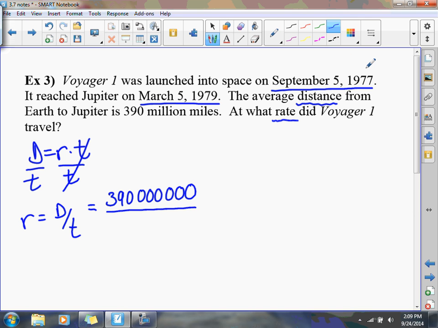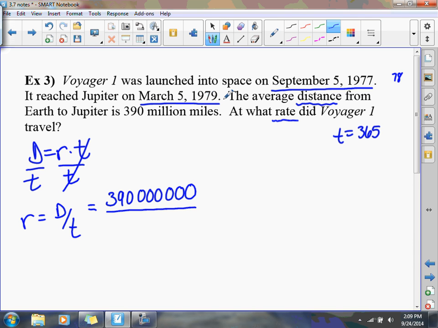From September 5th, 77 to September 5th, 78 would be 1 year. And then to go from September of 78 to March of 79, we'd have to figure out how much time had gone by then. So I know that for my time, I'm going to have 365 days for that first year. And then from September 1978 to March of 1979, we need to count how much time has gone by.